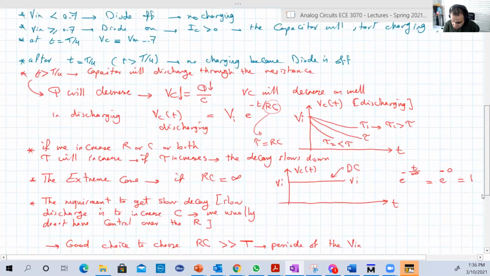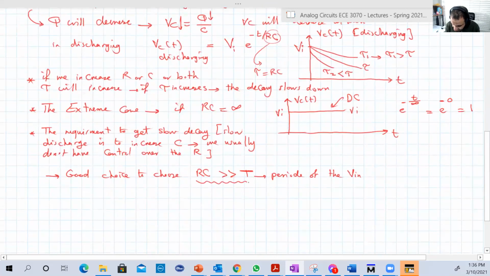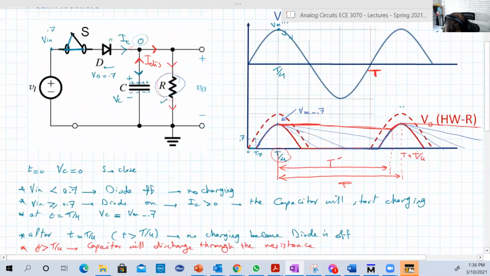So when we choose RC much greater than T, we get T dash much closer to T, or approximately equal to T. I mean, this difference is very small. Delta T, which is T minus T dash, is very small, approximately 0.